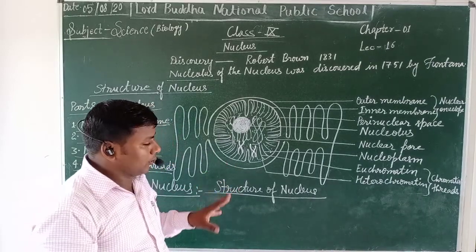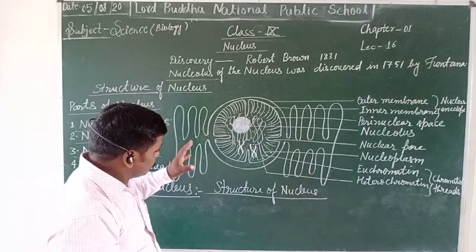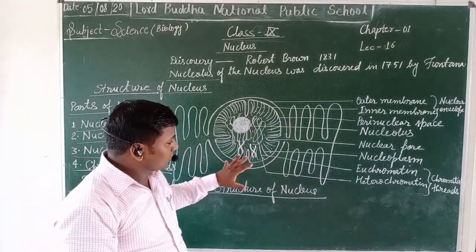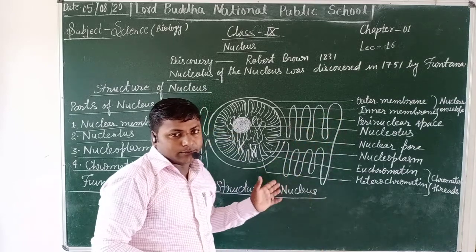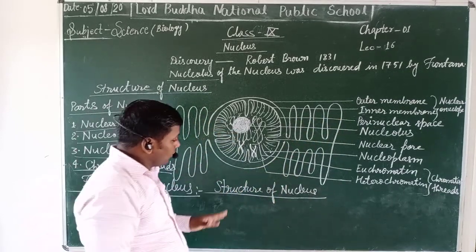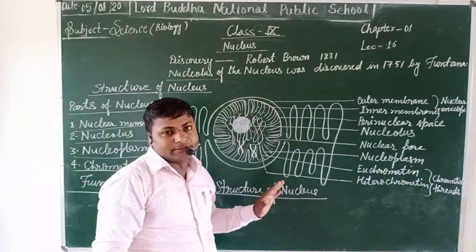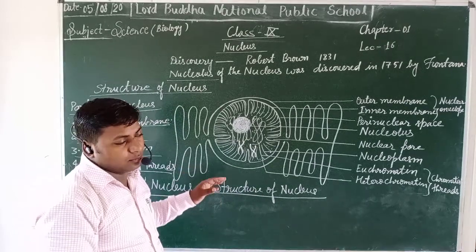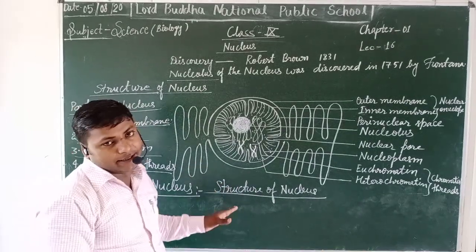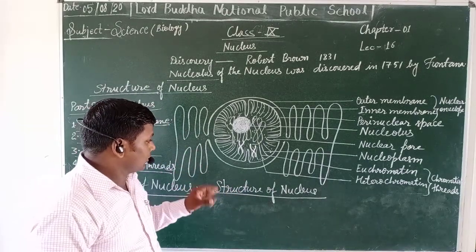We will know more about DNA and RNA in coming chapters, but another most important function of the nucleus is that it helps in the formation of genetic material, DNA and RNA, that helps in transferring parental characters from one generation to the next generation. These are the important functions of the nucleus.